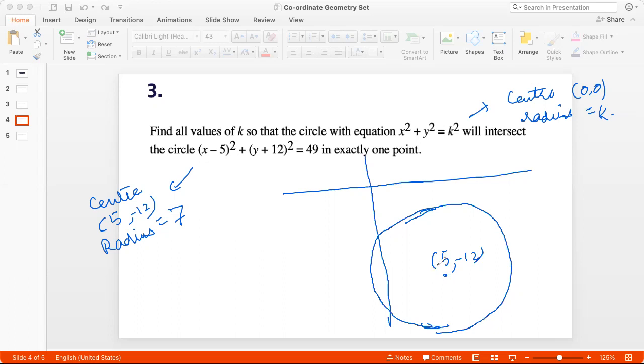Now, if I have a circle centered, I can have a tangent like this, right? I can have a tangent like this, or I can have a tangent like this.